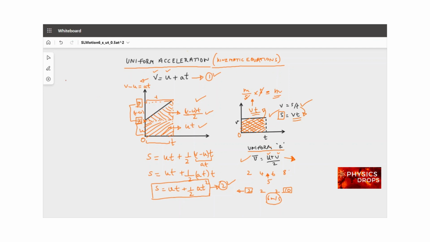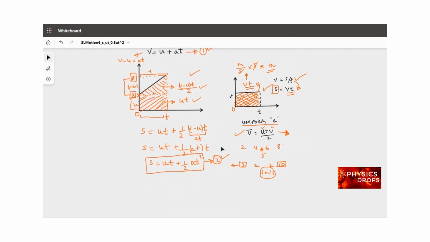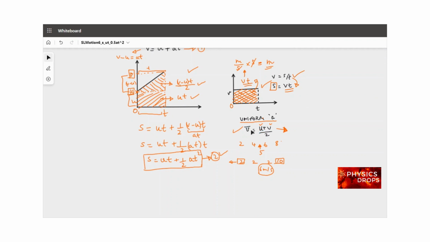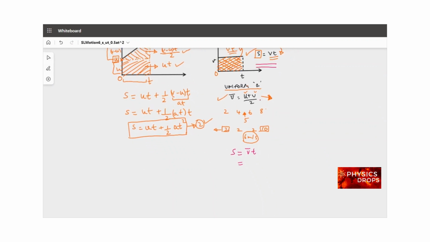Now let us take this case and try to form an equation. If initial velocity plus final velocity by 2 is the average velocity, then the displacement, we know, is velocity multiplied by time. So in this case displacement is average velocity multiplied by time. What is average velocity? Average velocity is u plus v by 2.